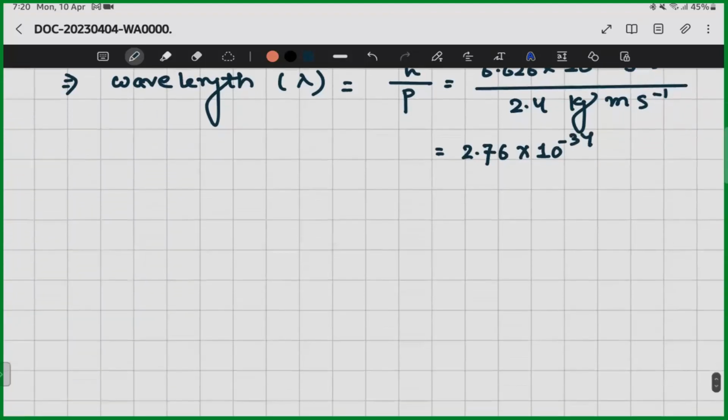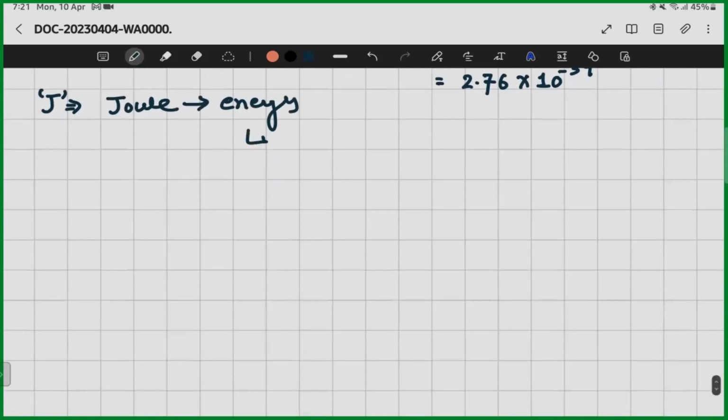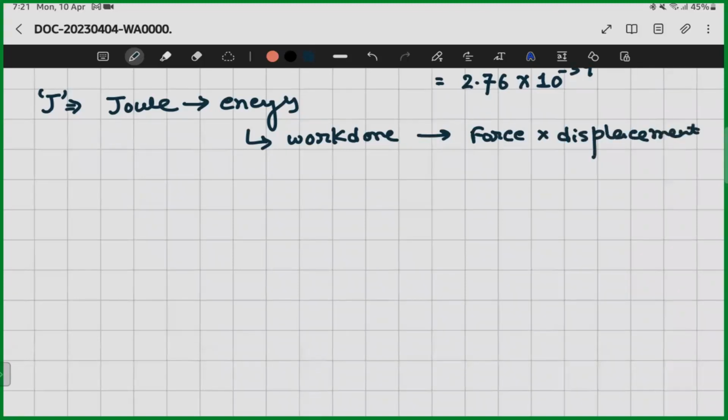Joule is the unit of energy. Energy is associated with work done, that means force into displacement. The unit of displacement in SI is meter. Force is mass into acceleration.